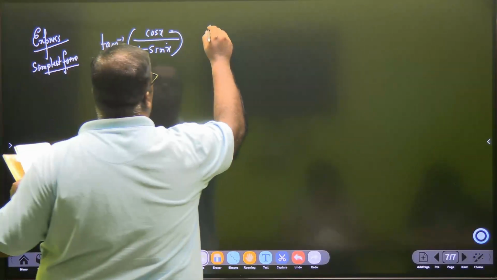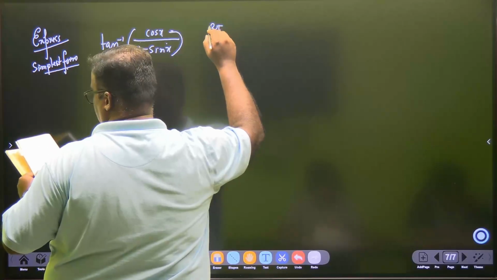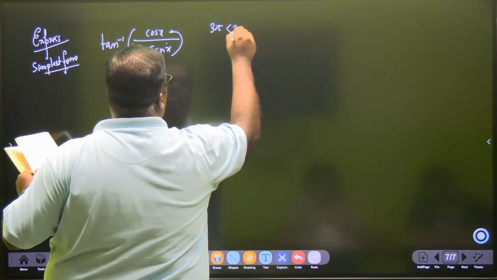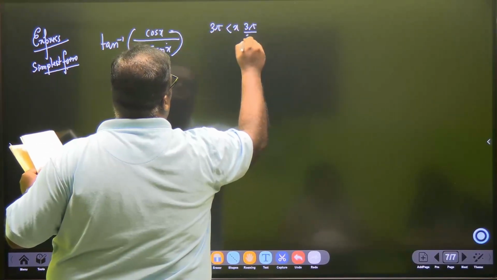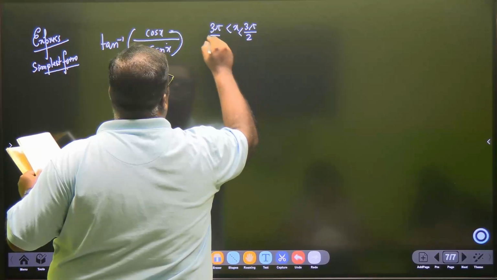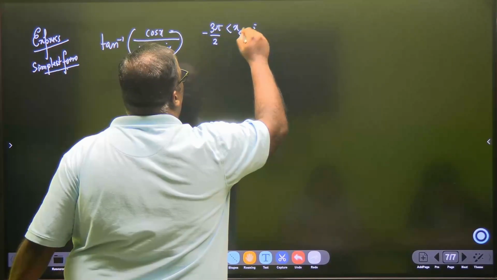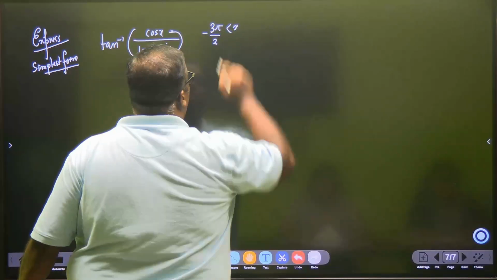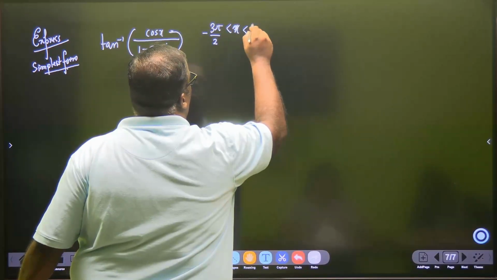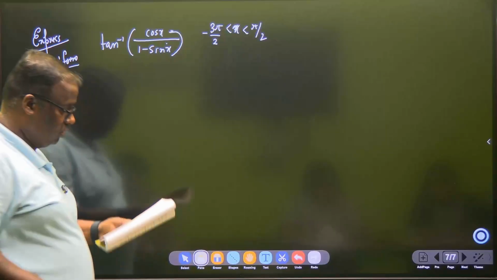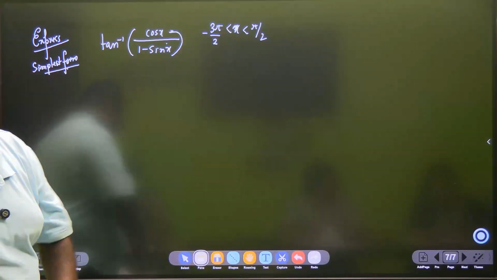This function has a principal range of x less than 3 pi by 2, x less than pi by 2. This is just to be written for the question's purpose. Okay, let's solve this problem.